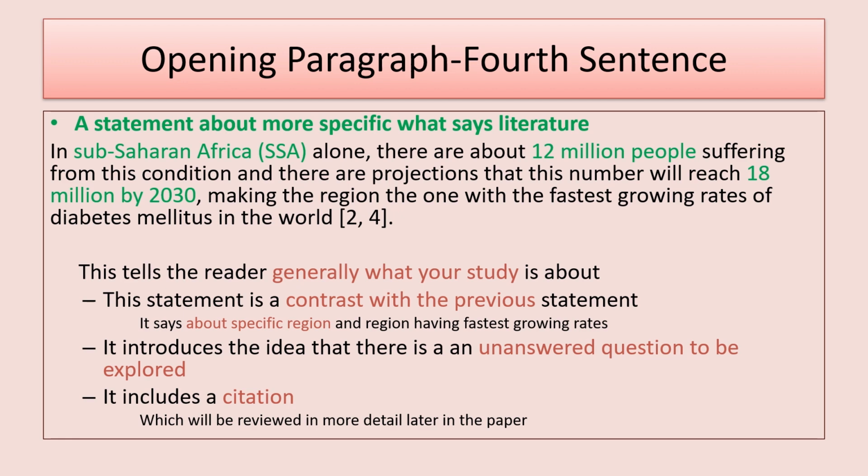The fourth statement of the opening paragraph, a more specific statement about what the literature says. In sub-Saharan Africa alone, there are about 12 million people suffering from this condition, and there are projections that this number will reach 18 million by 2030, making the region the one with the fastest growing rates of diabetes mellitus in the world.